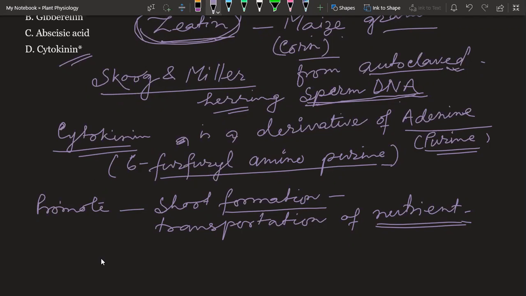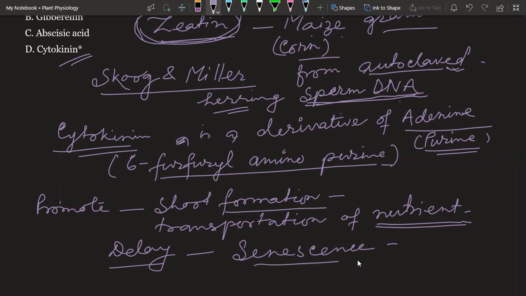So this hormone cytokinin can delay the process of senescence. Senescence is aging and death. So this aging process or the death process is a little delayed.